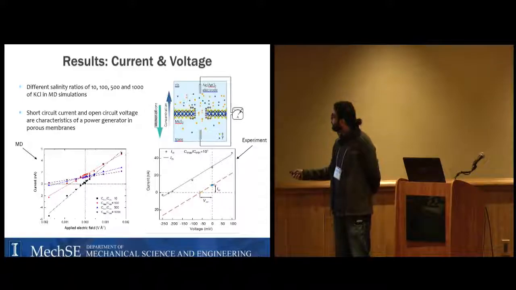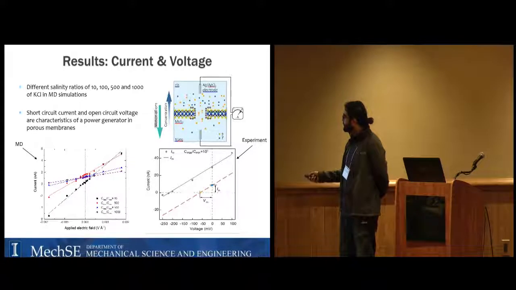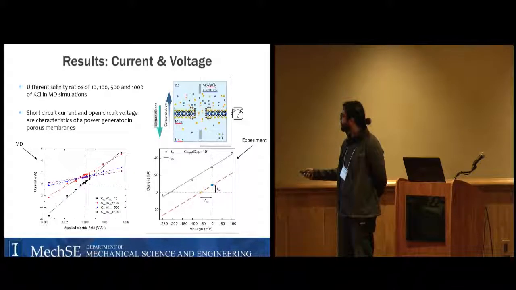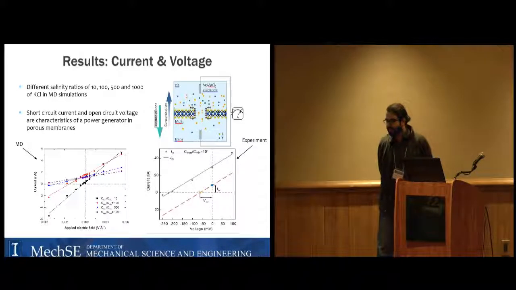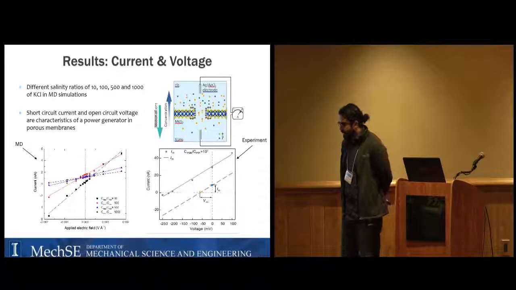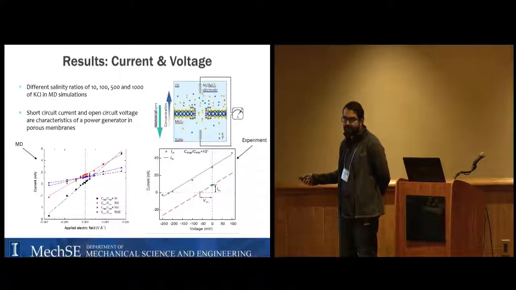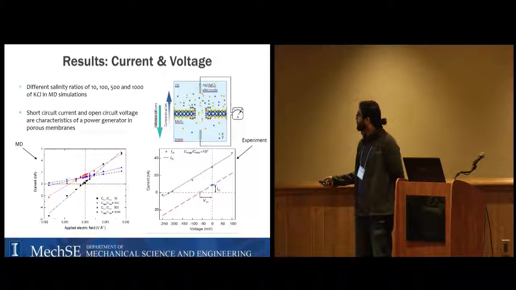Here we have the experimental results, the IV curve. We have the current as a function of voltage, and at 0 voltage we have the short circuit current, and at 0 current we have the open circuit voltage, which is a signature of the selectivity in the system.